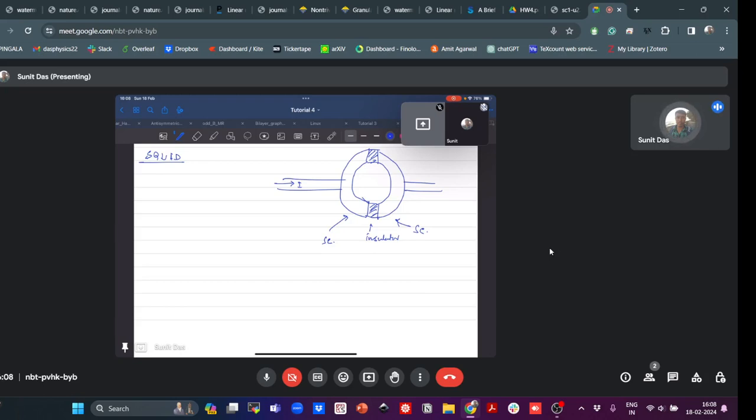So effectively, if we divide it, this lower part is one Josephson junction, and the upper part is another Josephson junction, right?